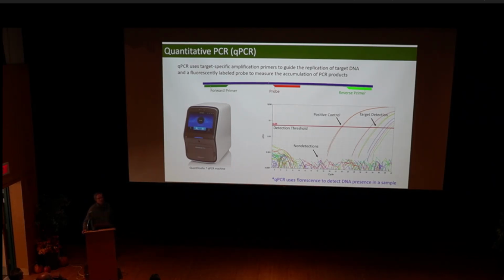Once we create enough copies, that little probe that sits in the middle has a fluorescent label on it, so we can begin to see the fluorescence from that sample, and that tells us it's positive, when fluorescence is higher than background and our threshold. That's what we're actually detecting in our environmental samples: a fluorescent signal from creating enough copies. So that's quantitative PCR in a nutshell.